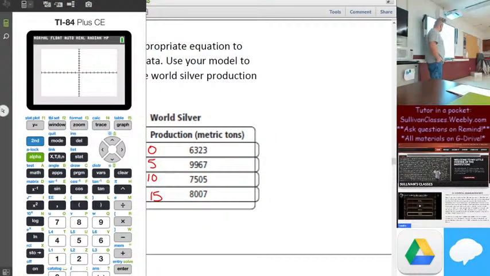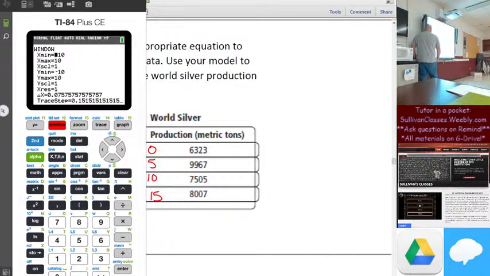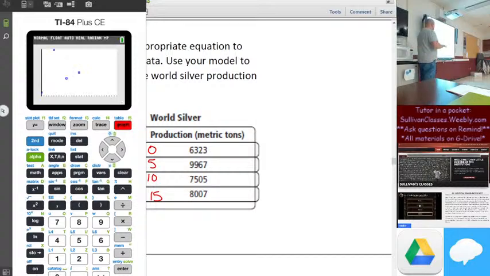Remember that this is 0 through 15 and like 6 grand through 8 grand. I can manually change the window and say, let's go from 0 to maybe 30 so we can see even past this. Let's make our y's go from maybe 6,000 up through 10,000 plus. Okay, so I can manually change the window to see things.